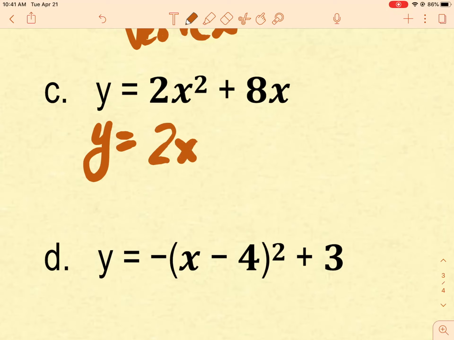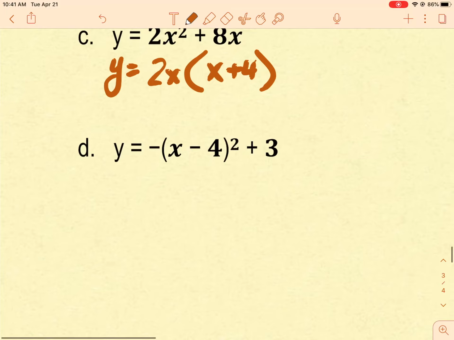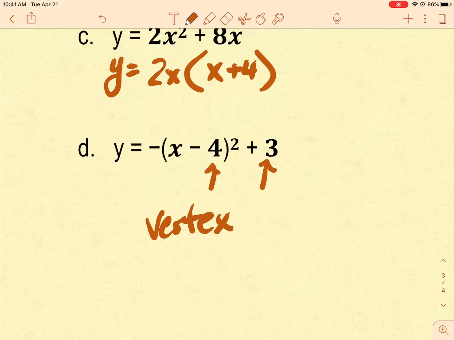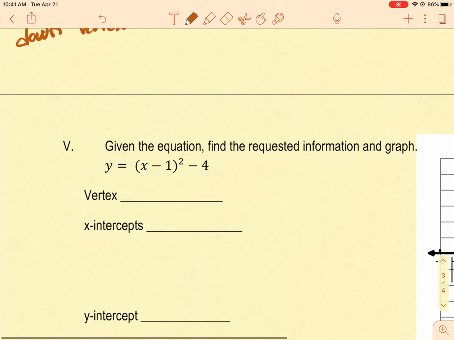You don't do the diamond, you end up factoring a 2x out, and you get something like that. So that can help you find the x-intercepts. And then the last one, it's in vertex form. These numbers help. And also remember that number out in front makes it open down. So that should be able to give you some help.